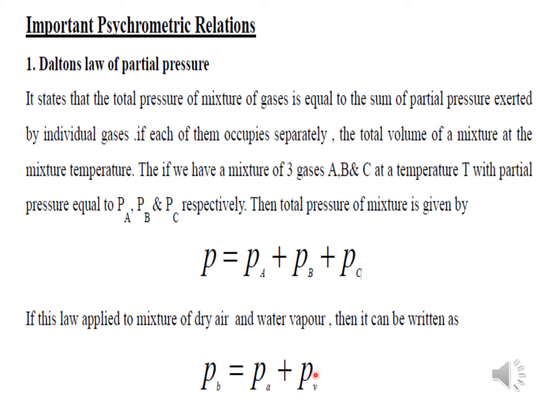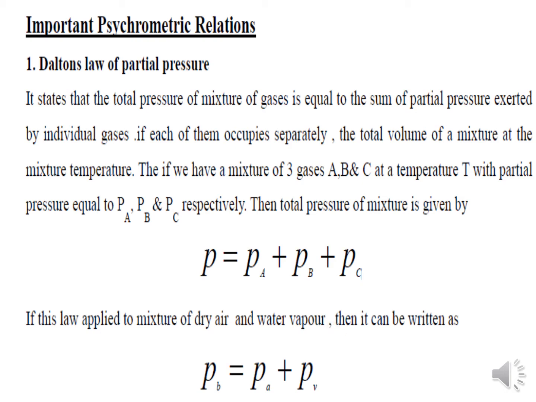In a container, if I have air which contains dry air and water vapor, the dry air exerts some pressure on the container and the vapor also exerts some pressure. The sum of both pressures is equal to the total pressure. So this can be applied using Dalton's law of partial pressure.